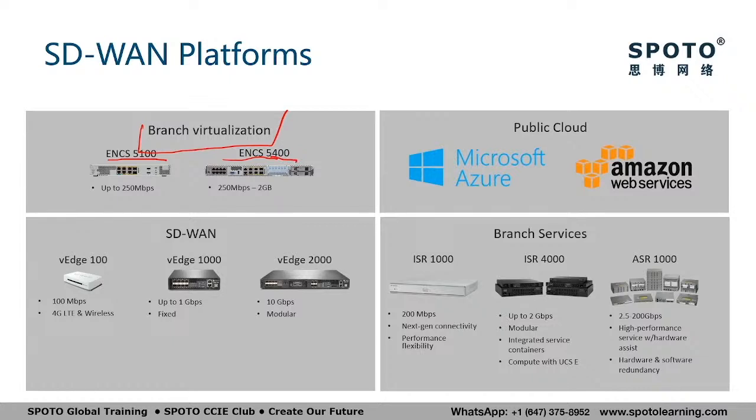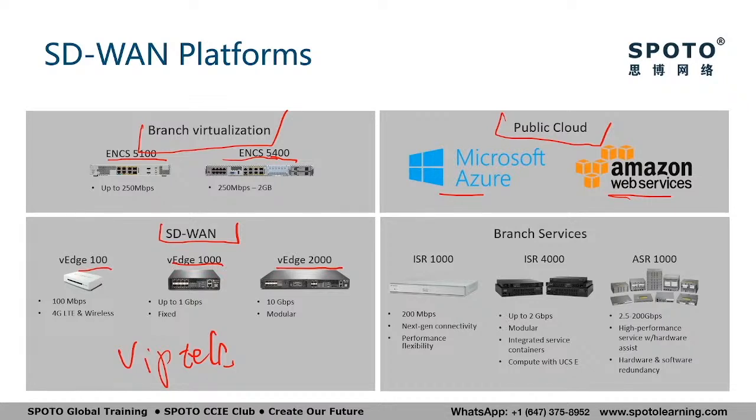The second option is public cloud. You just host them directly in the public cloud, either Microsoft Azure or Amazon Web Services. In the near future, Google Cloud will be supported as well. So you will have 3 options for the public cloud. The third one is SD-WAN hardware appliance. This is Viptela hardware. It has the vEdge 100, 1000, and 2000 series.